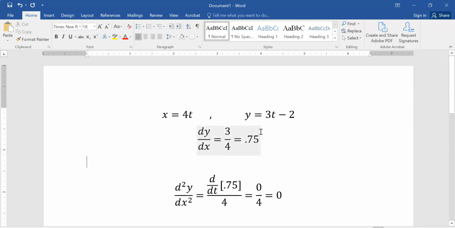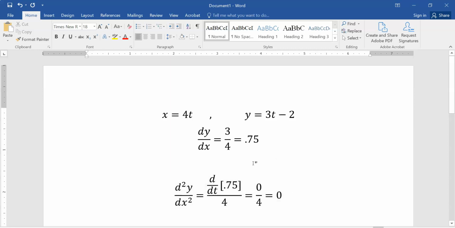If you plug in 3 as your value in your first derivative, you get 0.75. If you plug in 3, you get 0 into your second derivative. So regardless of what number you plug in as far as t goes, your first derivative is always 3/4, 0.75. Your second derivative is always 0.